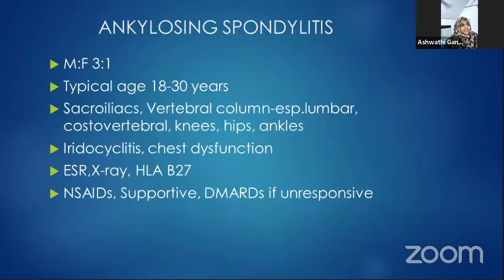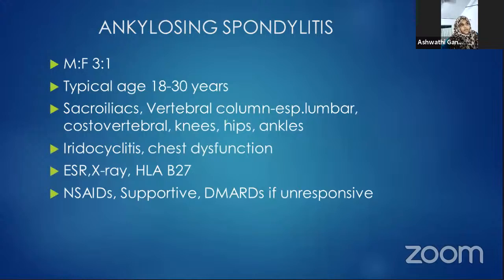Mainly sacroiliitis and peripheral oligoarthritis, asymmetrical arthritis, especially the large joints are affected. Iridocyclitis, and in later stages, chest dysfunction can occur. We all know HLA-B27. HLA-B27 can be positive, but it is a very expensive test and it can sometimes be false positive. So no need to do HLA-B27 in all cases of ankylosing spondylitis.